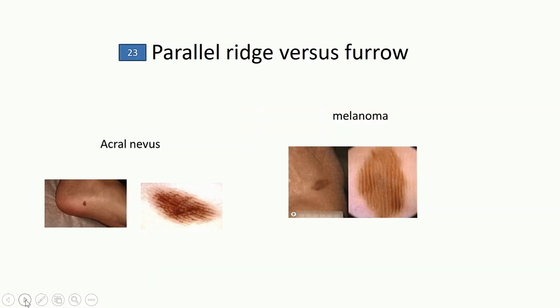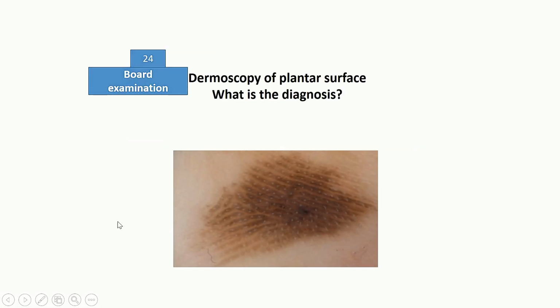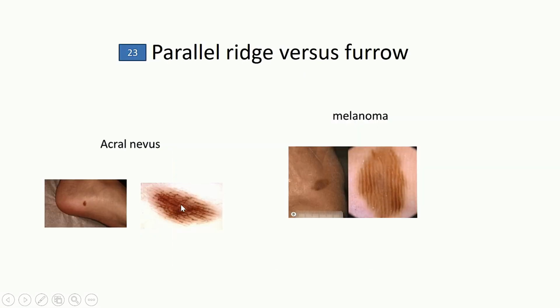Another question on melanoma is distinguishing acral nevus from melanoma. In acral nevus, the furrows are involved, but in melanoma, the lines or ridges are involved without involvement of the furrow.